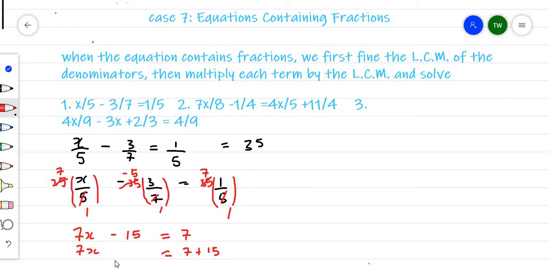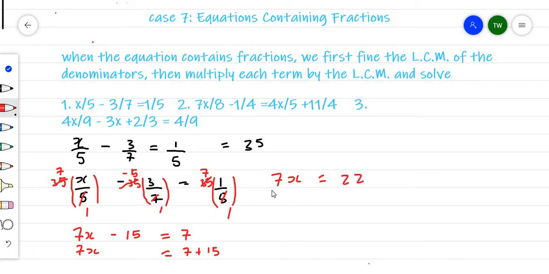Now, in order to determine our answer, we have 7x is equal to 7 plus 15. That's going to give us 22.